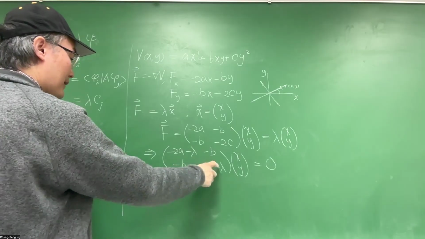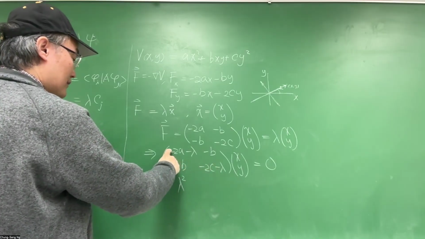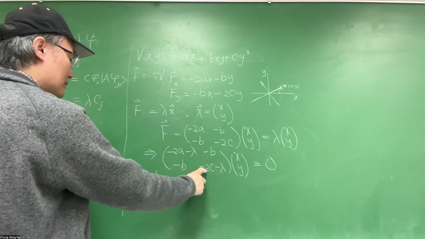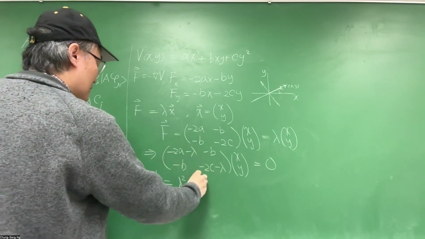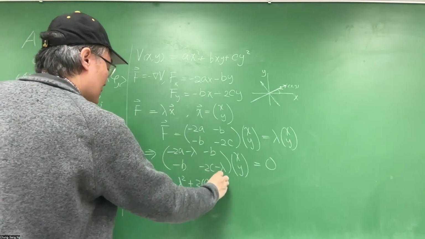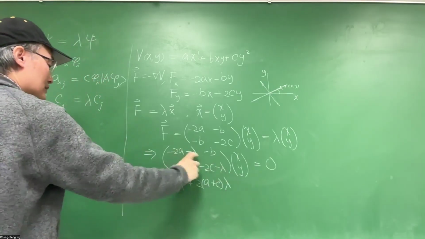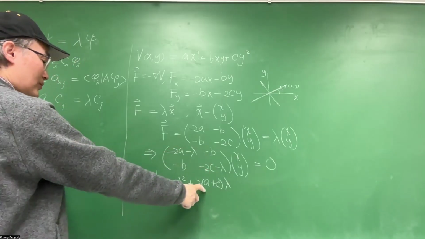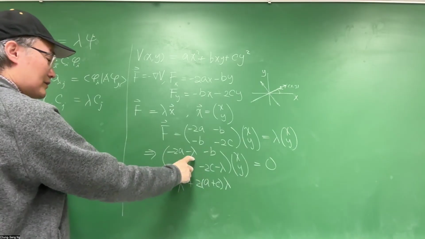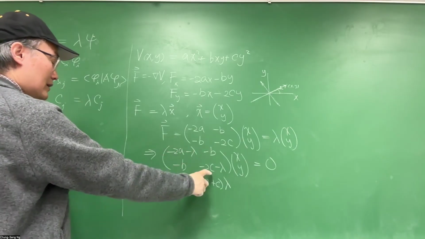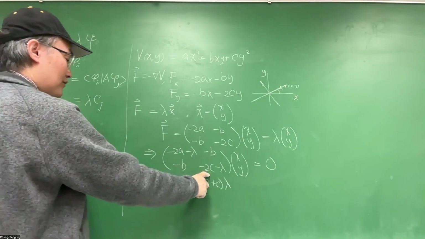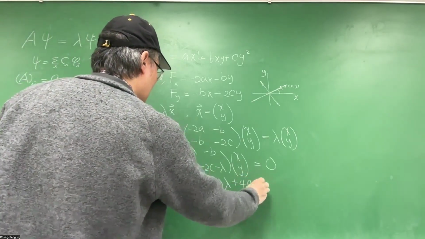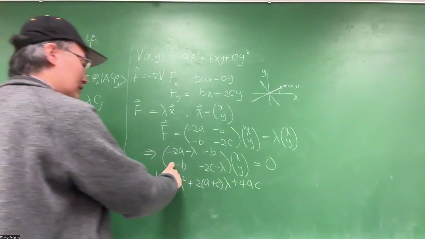And then you have 2A times lambda and 2C times lambda, so plus (2A plus 2C) lambda, from this times this and this times that, combined. And finally you have 2A times 2C, so you have 4AC, and then minus B squared.